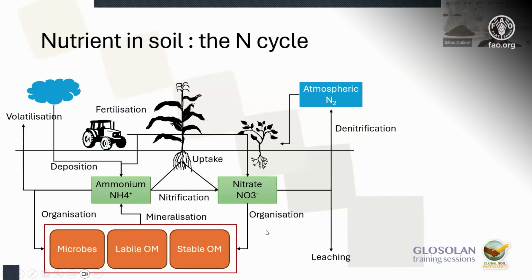And regarding its fate, nitrate can also be taken up by the plant or by the microbes, or can be denitrified and go into the atmospheric pool, or it can be leached to the groundwater. As the soil is marked by cation exchange capacity, the ammonium is not so sensitive to leaching.